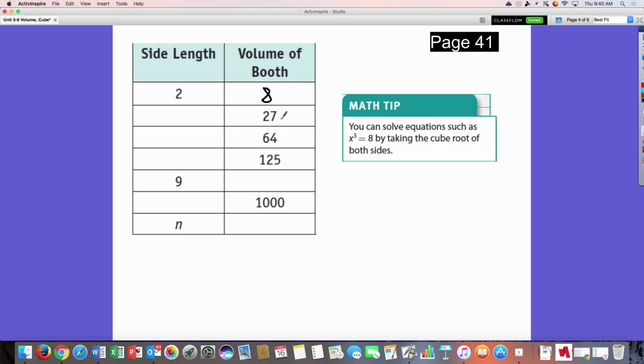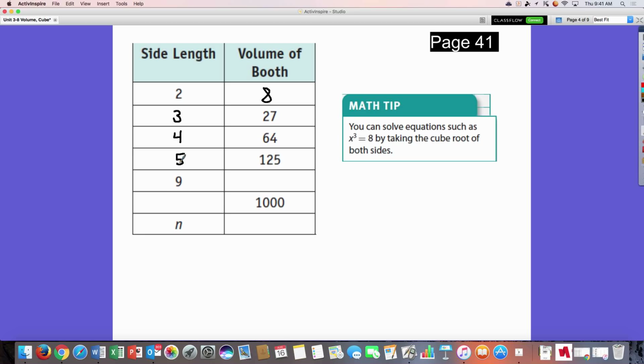And if you're paying attention on the last page, some of these numbers you'll see all the time. What's 27? If the whole volume is 27, the side length has to be 3. Guess this one? 4, because 4 times 4 times 4, or 4 cubed, equals 64. 125, 5.